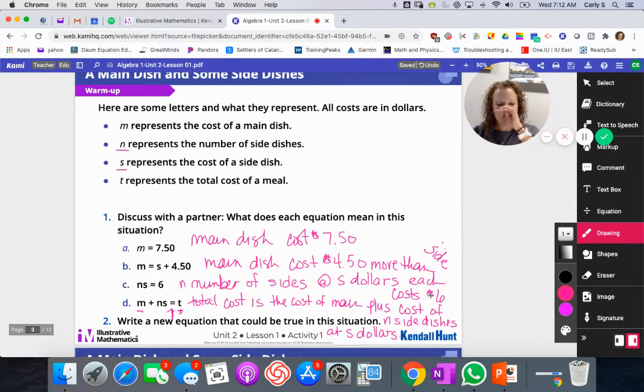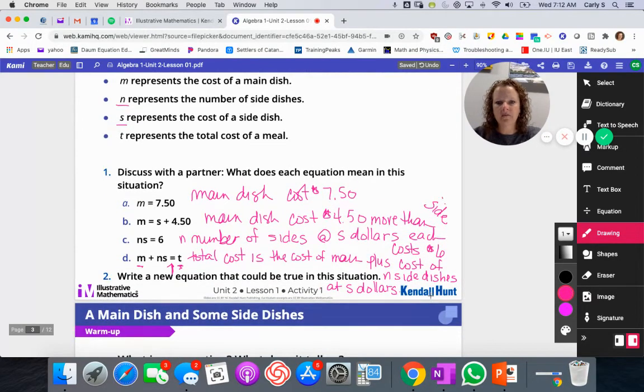All right, the number 2 says write a new equation that could be true in this situation. Okay, write a new equation. This could be anything. You could start as simple as N equals 2. The number of side dishes equals 2.